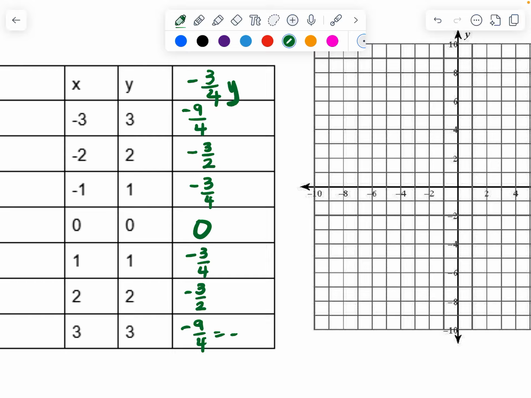This is the same thing as -2.25, -1.5, -0.75, 0, 0.75. Oh, I just realized this is making lots of noise.